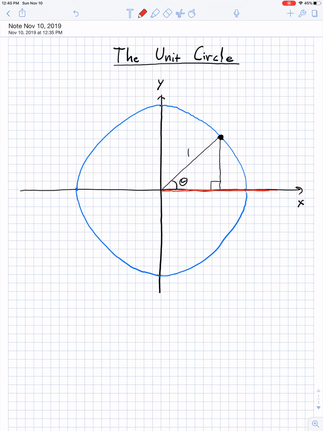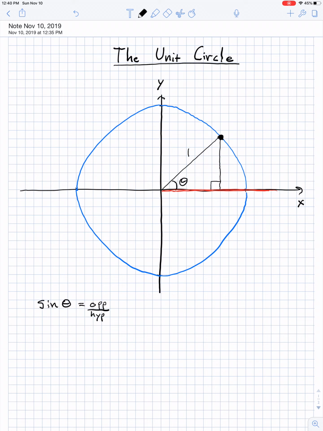Okay? Now, I'm going to assume that you're okay with sohcahtoa. That's your sine, cosine, and tangent equations from a previous class. And if you have that, it's going to make this a lot easier. So here's what we're going to do. The right triangle that I've drawn, we're going to apply the sine function. The soh of sohcahtoa says that the sine of the angle theta is equal to the length of the opposite side of the triangle divided by the length of its hypotenuse.